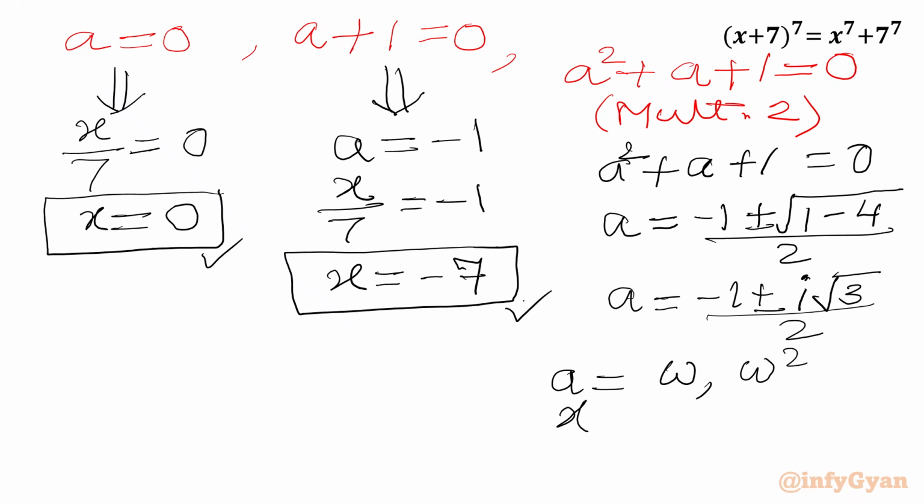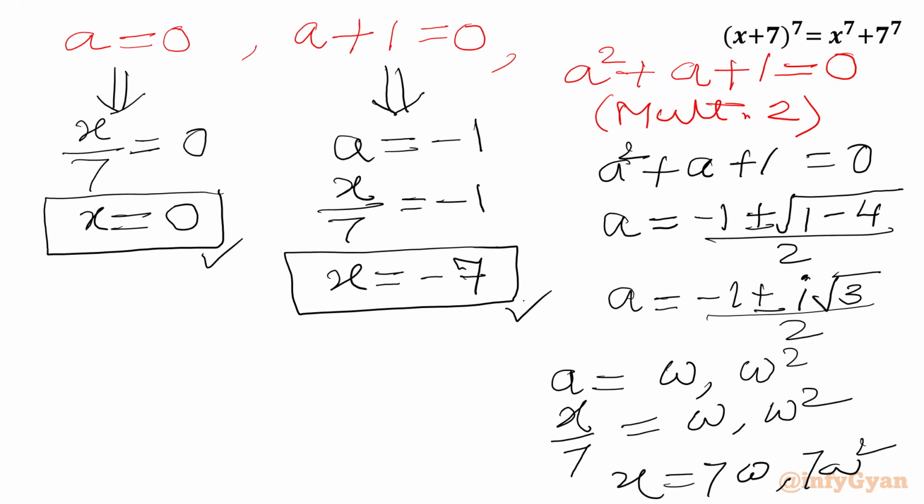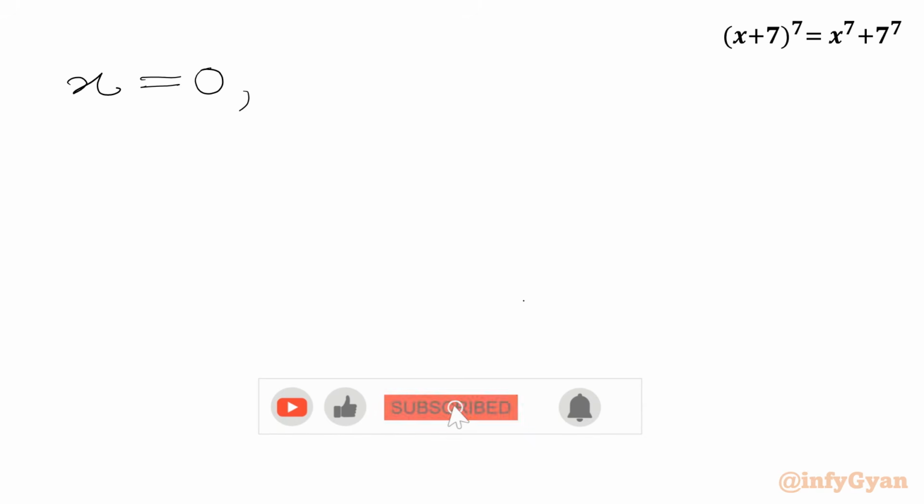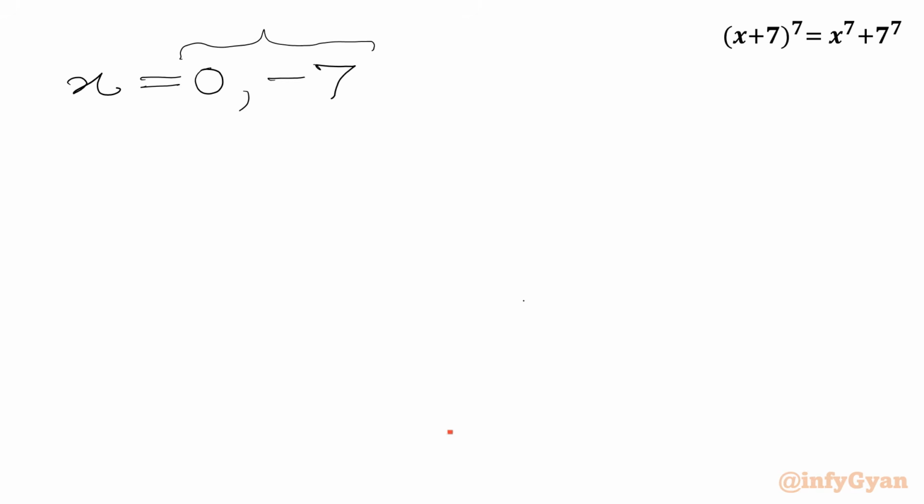Now a is x over 7. We'll write here omega and omega square. X would be 7 omega and 7 omega square with multiplicity 2. Let me write overall solutions here. X equal to 0, x equal to negative 7, our two real values of x.